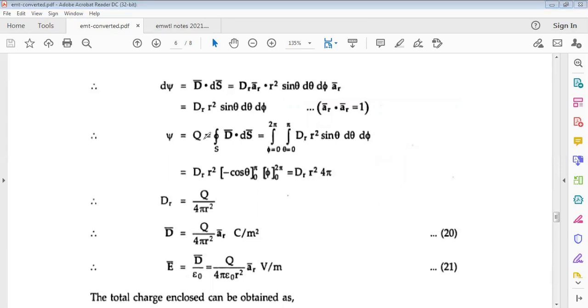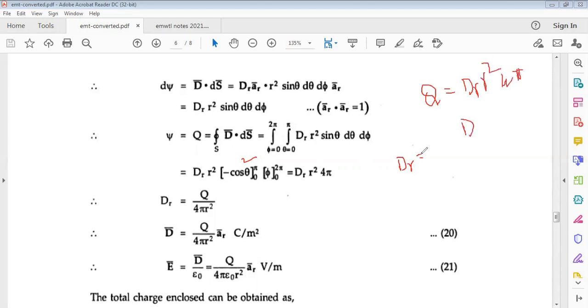Substituting that in Gauss law, Q is equal to the integral of D bar dot dS bar. After simplifying, the integral of sine theta gives 2 and the integral of d phi gives 2 pi, totally 4 pi r squared. Since the Dr component is Q by 4 pi r squared, Q is equal to Dr r squared 4 pi.